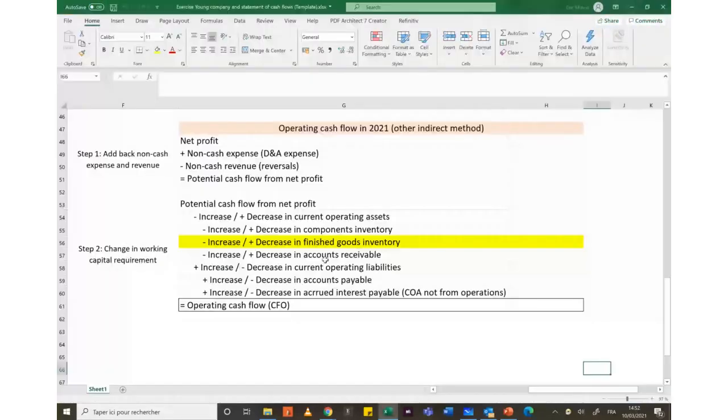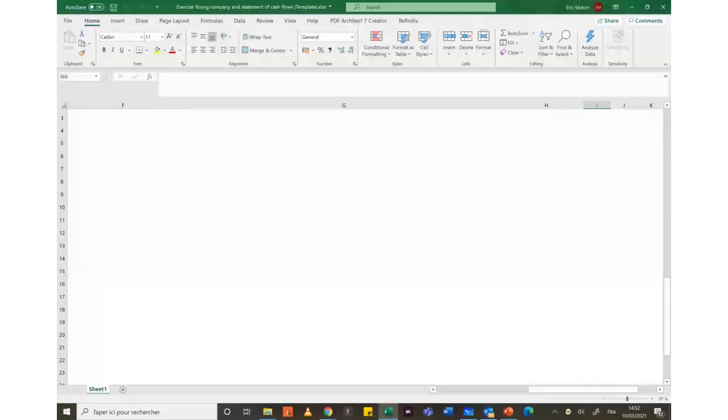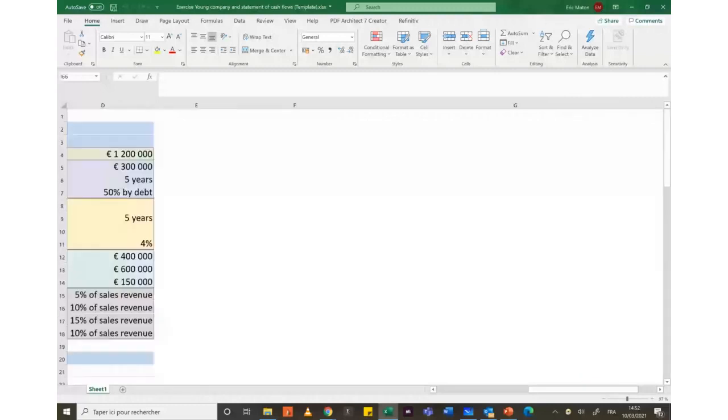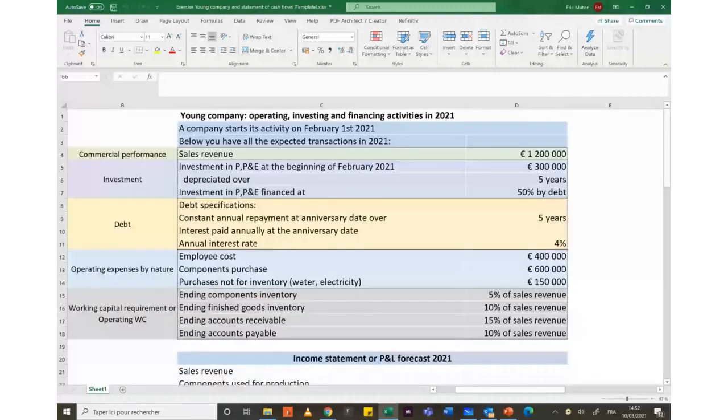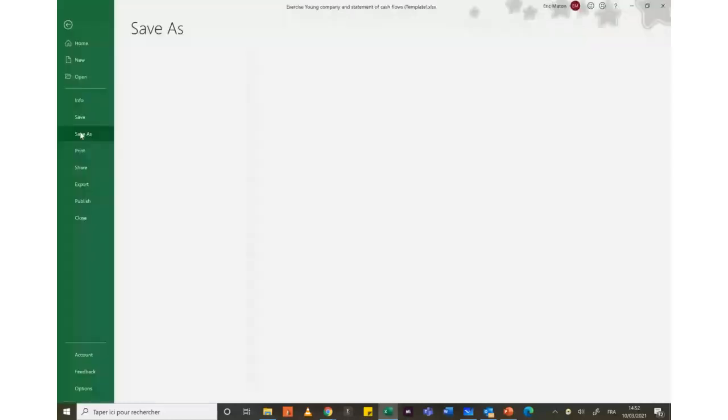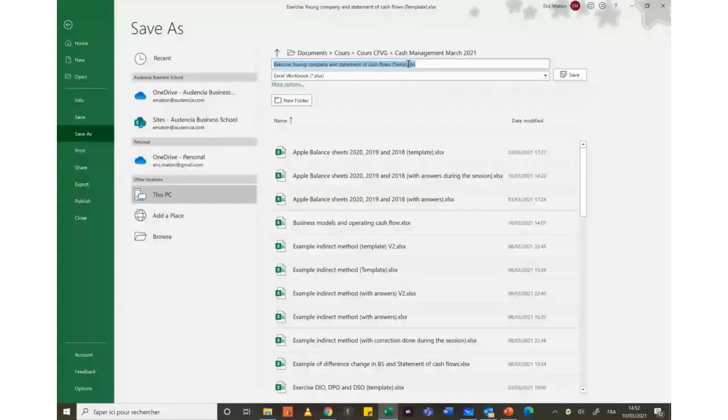So here, the company starts the activity in February 2021, and they want the forecast of the cash flows for the period.